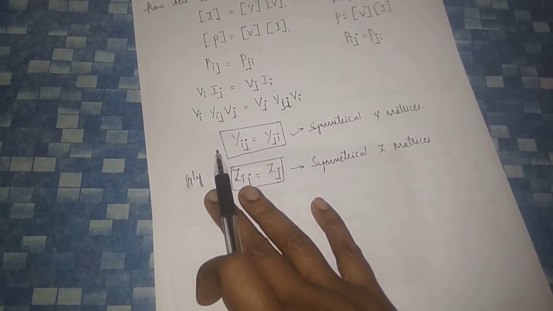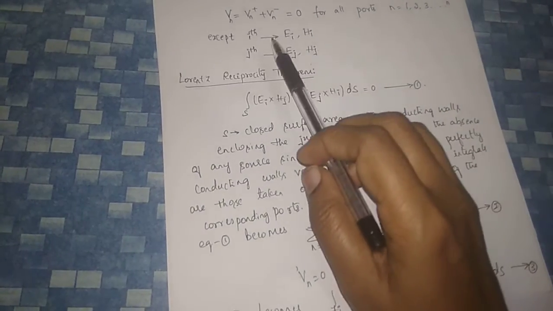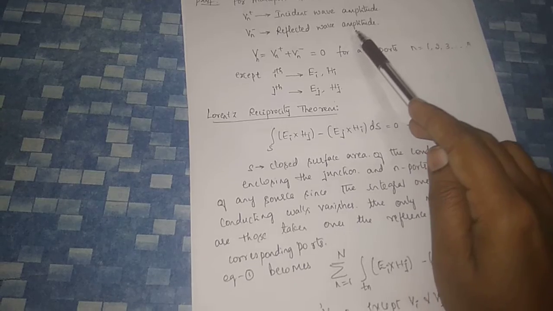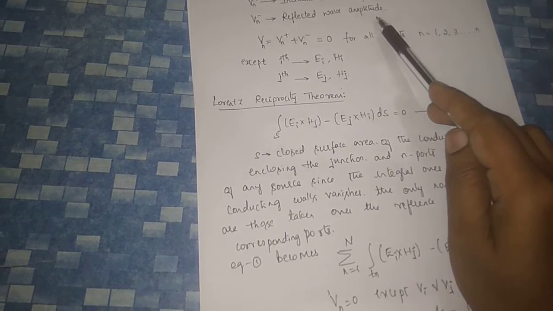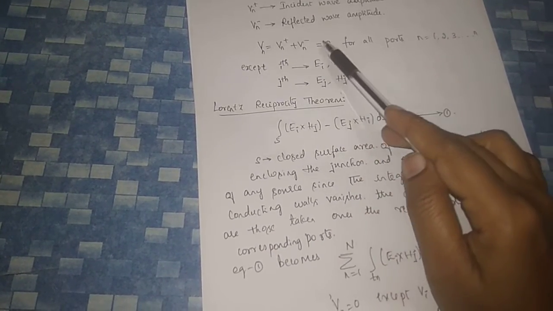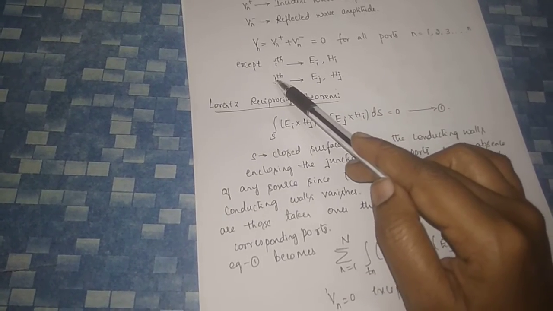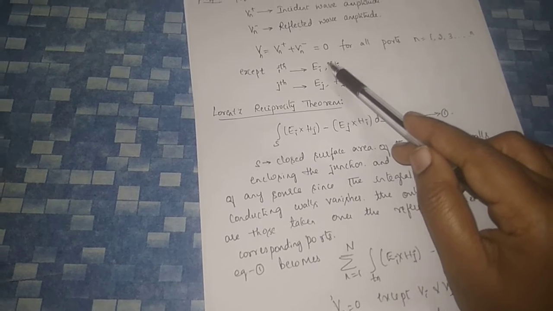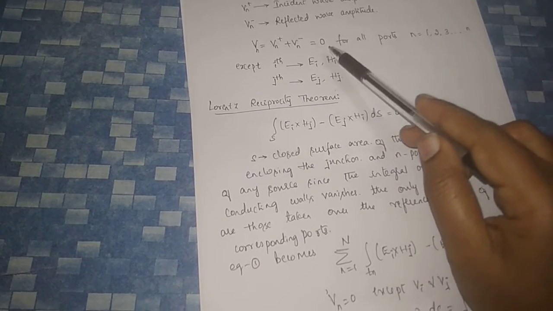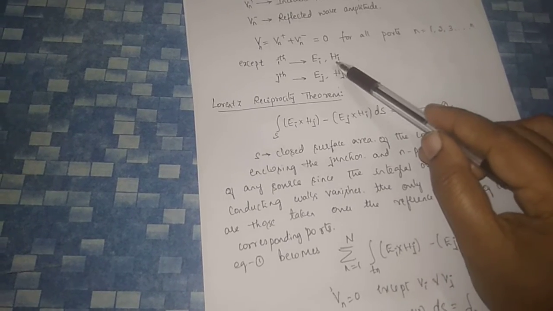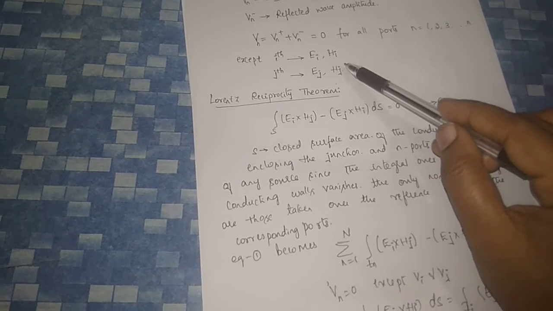Okay. So here what we are considering is an input in which we are taking the incident wave amplitude Vn plus and Vn minus as the reflected wave amplitude. The sum of these two will give you 0 for all the ports except for the ith and jth port, which produce Ei and Hi and Ej and Hj as the electric and magnetic fields.